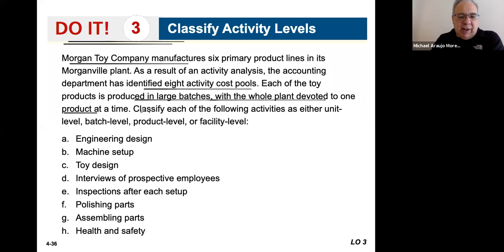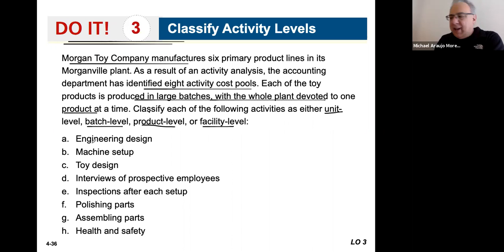So they want you to classify all of these, A through H, as either a unit level activity, a batch level activity, a product level activity, or a facility level activity. Okay. And so that's what you're going to have homework exactly like this.